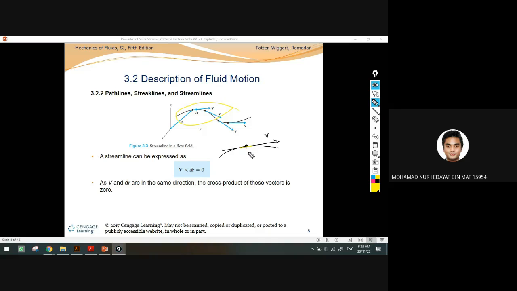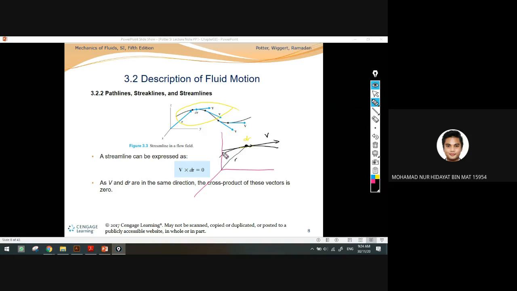This is actually dr, the change in radius. This is our reference frame. From here, this is our radius, and this is the change dr from here to here. This is dr, and this is velocity.